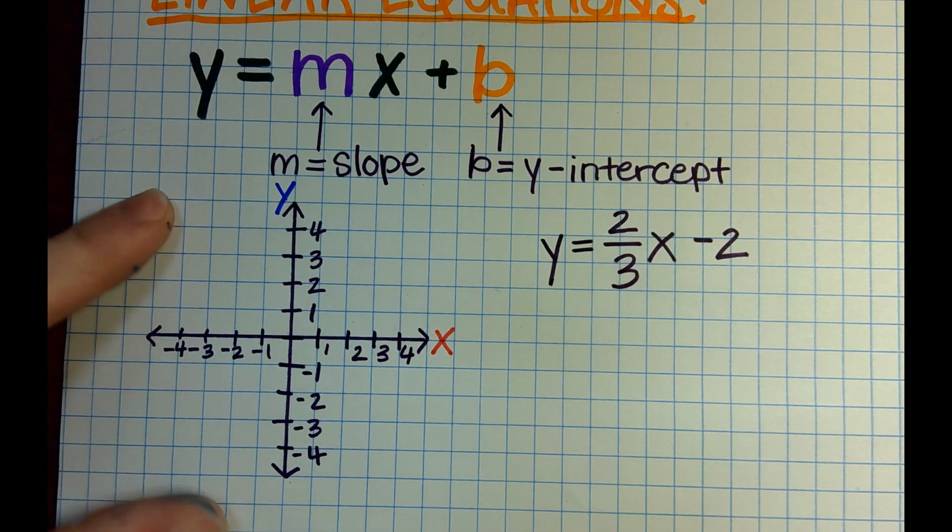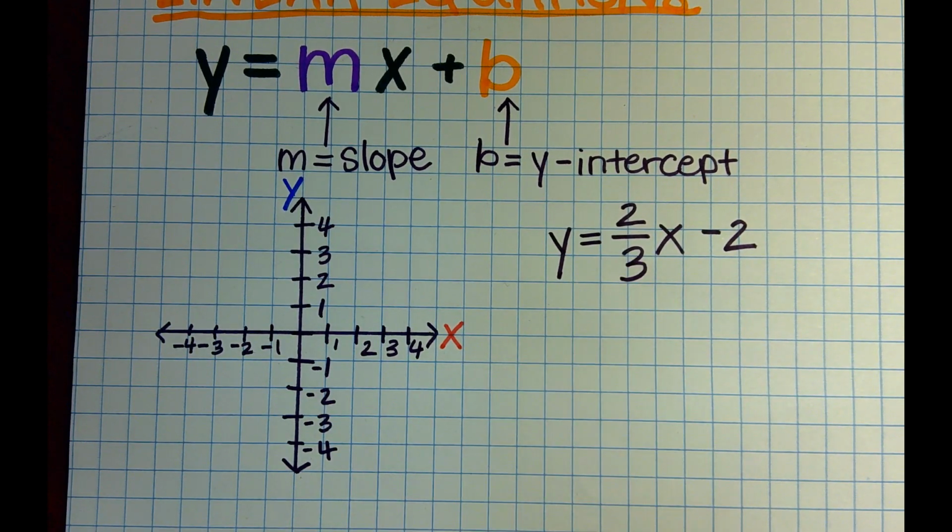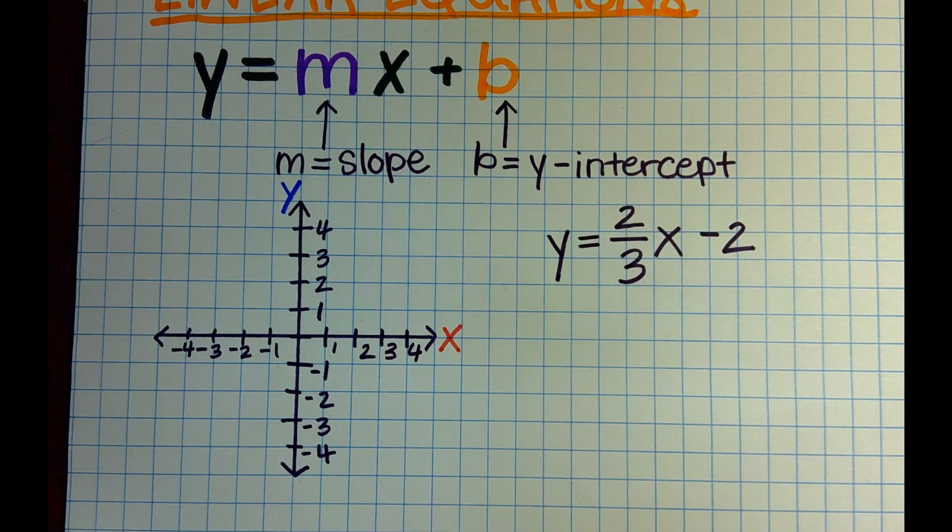So I drew my graph and then I wrote an equation. Y equals 2/3 x minus 2. I'll give everyone a minute to have that written down and caught up, because the next thing I want to talk with you about, I will need your full undivided attention. It is important. So I'm going to pause this for a moment, let everyone catch up.